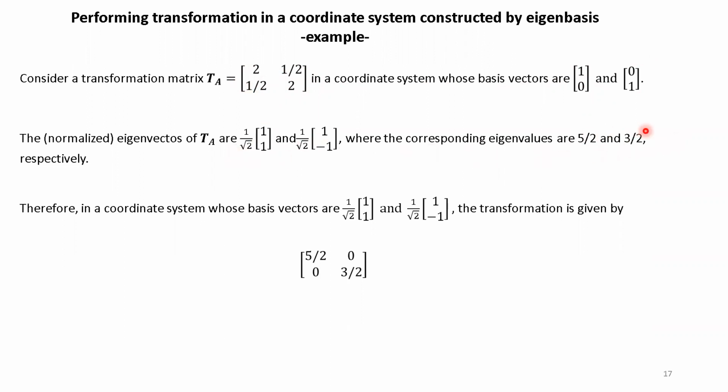Then in a coordinate system where the basis vectors are just given by the eigenvectors of TA itself, the transformation will just be given by a diagonal matrix like this.